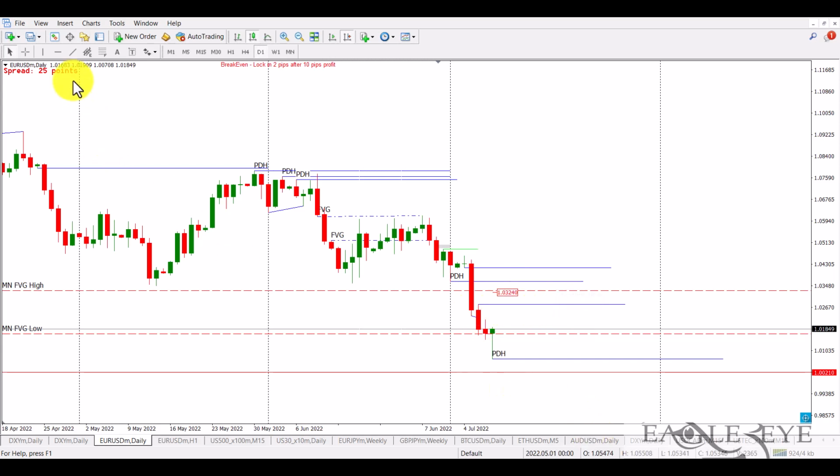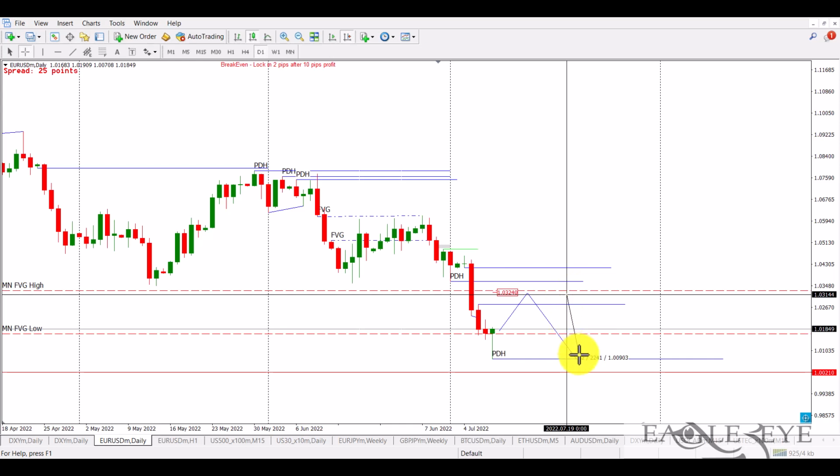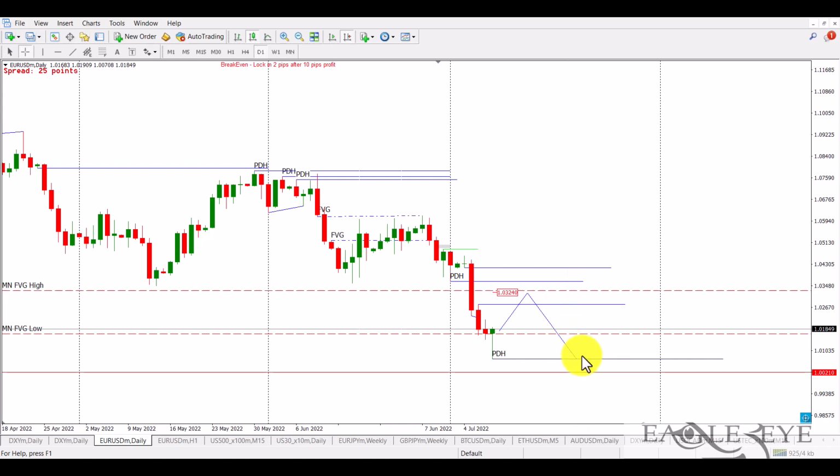Then we give up the ghost to target this particular low, something like this, which should give us about 200 plus pips. So that's my expectation.